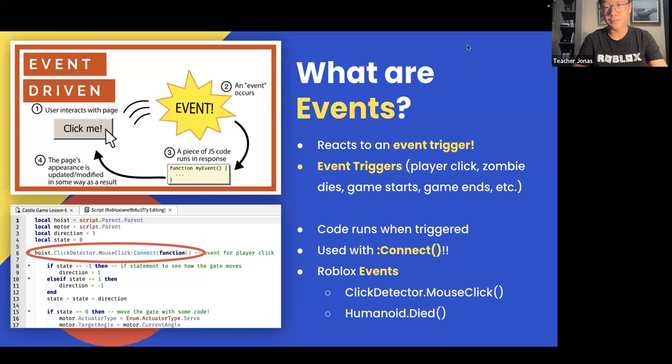And you can see here that this is an example of an event, and it says something like a click detector. When a player clicks a click detector, which is something you use to check if the player clicked on something.